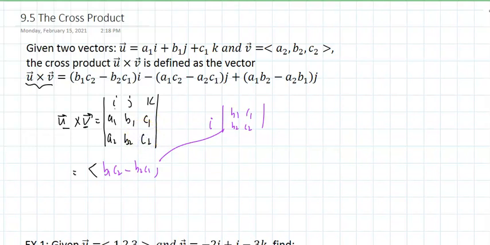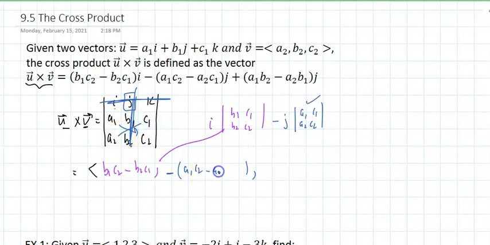Let me show you how we find the j. This is always negative if you remember. So I take the j, and if I cross j's row and column, isn't that a1, c1, a2, c2? Can't I just do this right here and save myself writing all of this, minus a2, c1? Negative j, there it is. That's the j component.